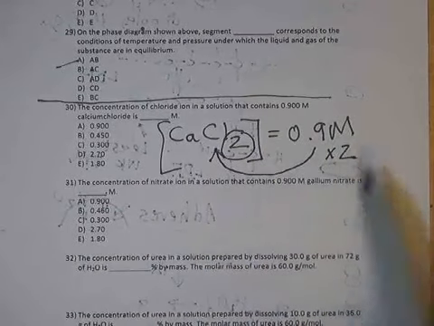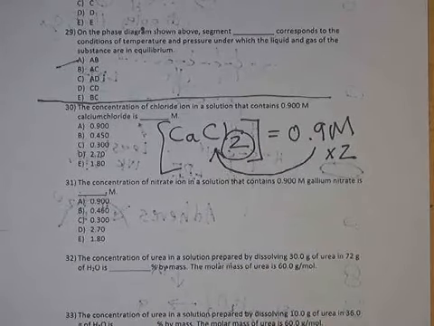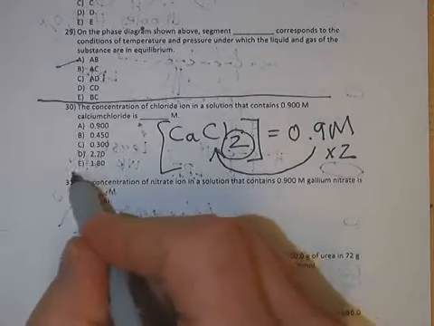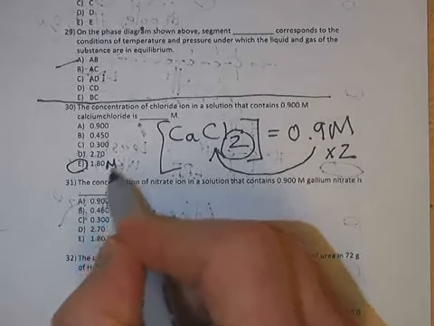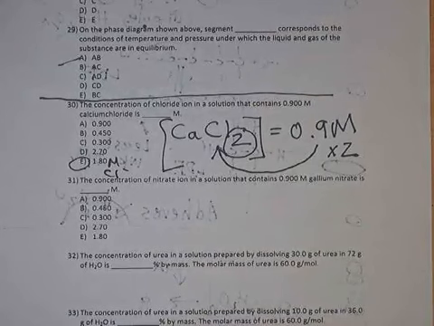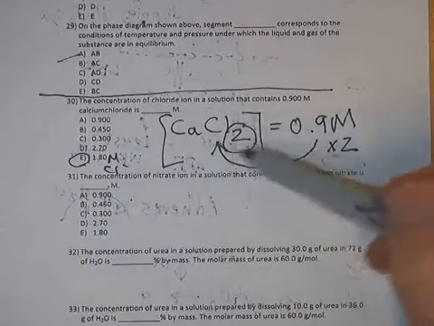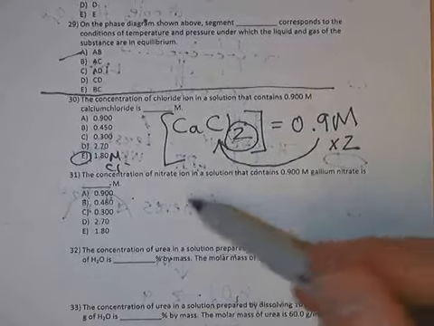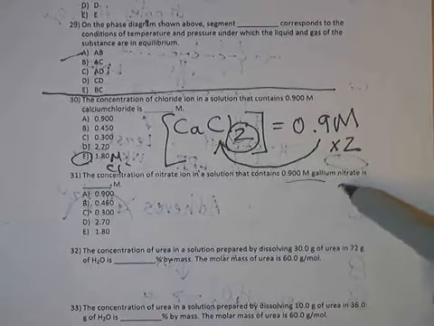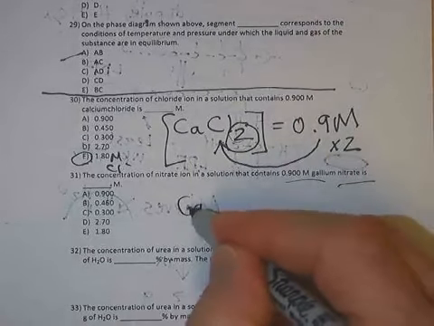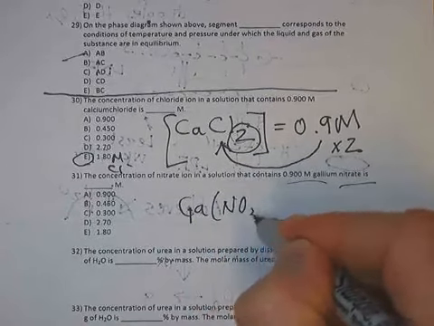The concentration of chloride ion in a solution that contains 0.9 molar calcium chloride. This is a trick question because the formula for calcium chloride is CaCl2. If this is 0.9 molar, now look at the formula carefully. How many chlorines are inside of this formula? 2.